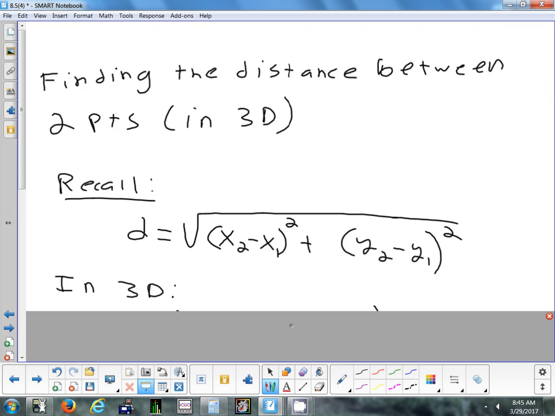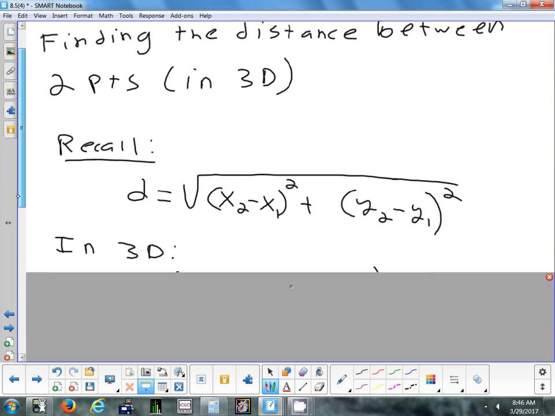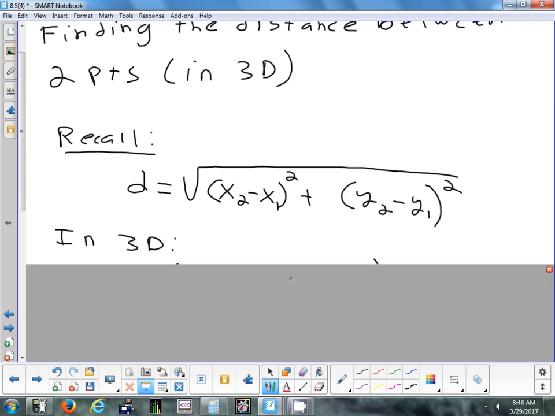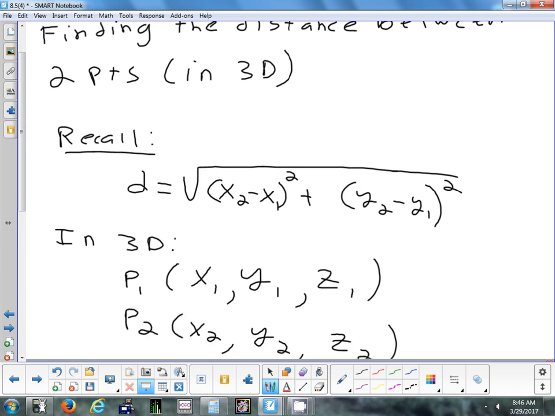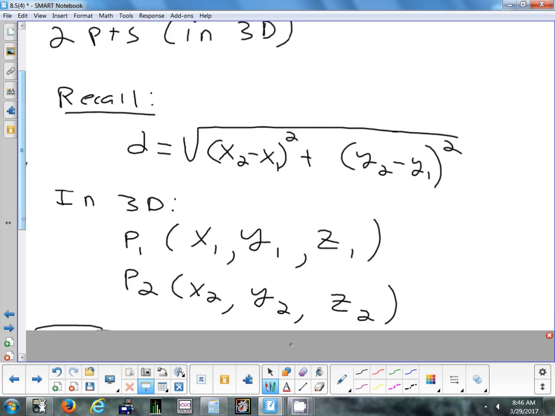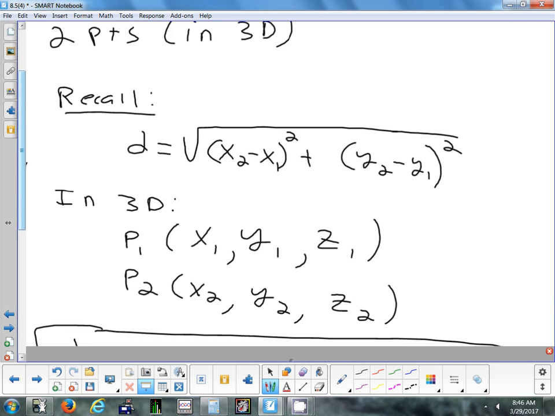You really don't need to write both every time, because you already have the 2D version. This is the distance formula in 2D, and you would be given two coordinates, x1, y1, x2, y2. In 3D, you're given two coordinates, but there's an x, a y, and now there's a z component.